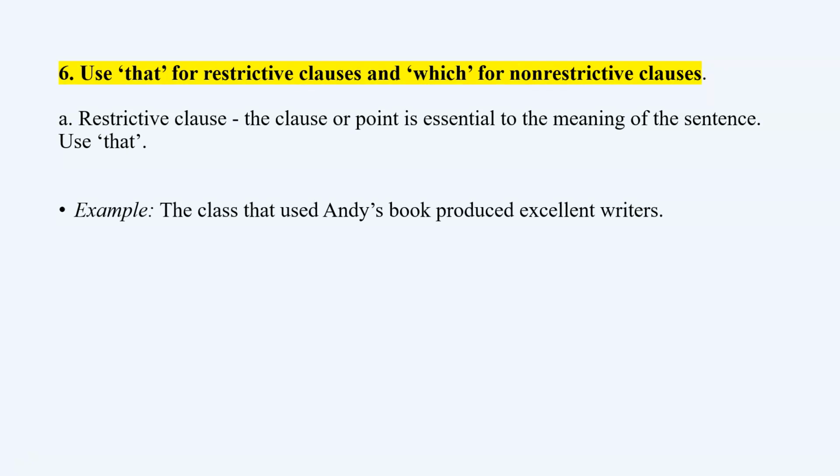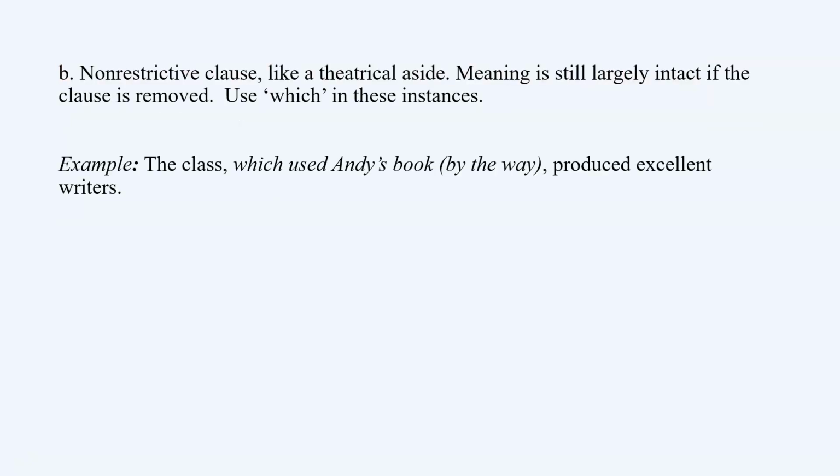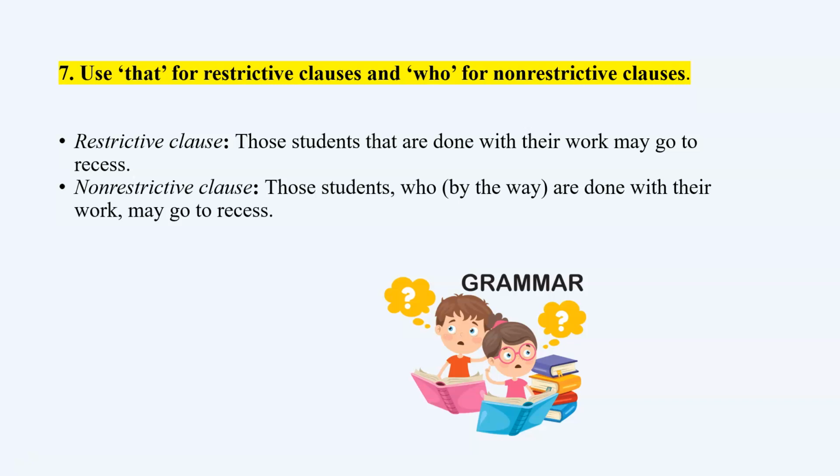We use that for restrictive, which for non-restrictive clauses. The main idea here is that the class produced excellent writers. They just happen to have used Andy's book. It does not indicate that there was another class and that you're making a comparison. And the last idea, use that for restrictive clauses and who for non-restrictive clauses. All right?